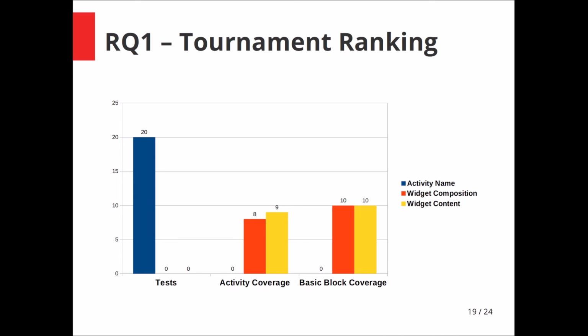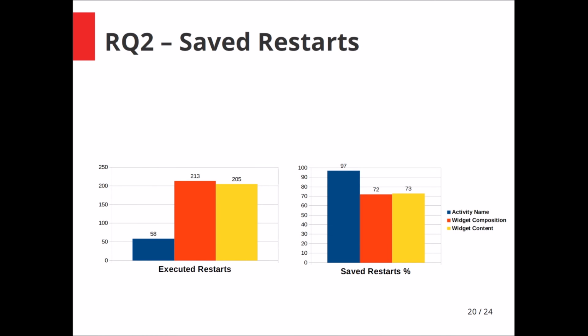To answer RQ2, we measured the number of executed restarts and the rate of saved restarts. On the left diagram, we can observe that the activity name abstraction performs the fewest restarts, which corresponds to a rate of 97% restarts that could be saved, as shown on the right diagram.